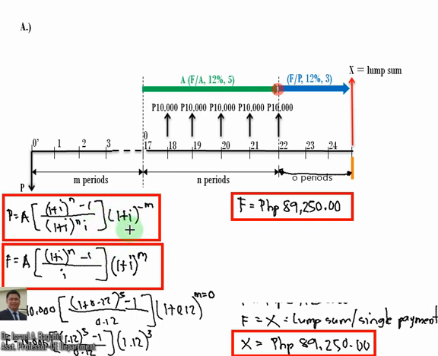where you have only to consider now what periods you are dealing with in calculating the value of your F or your P. So in this case, we are after the lump sum amount or the F value, which is our X, and we are considering this deferred period, these O periods. Okay, so in this case, our O is just 3 years.